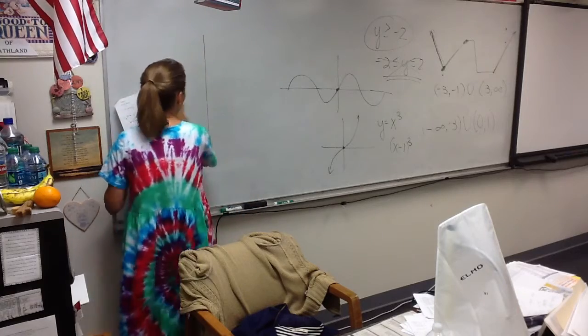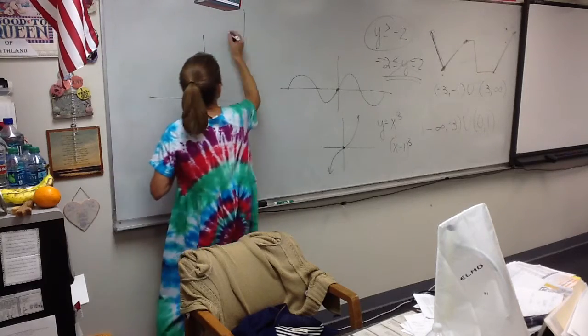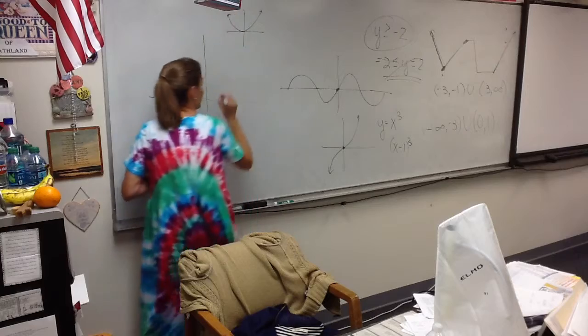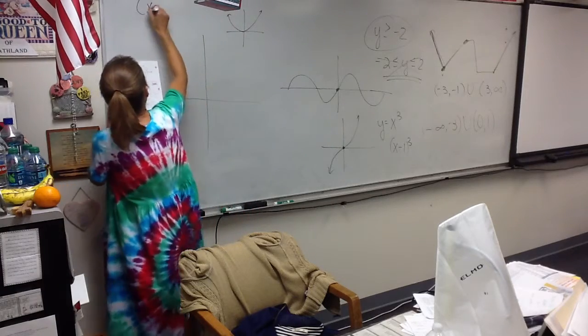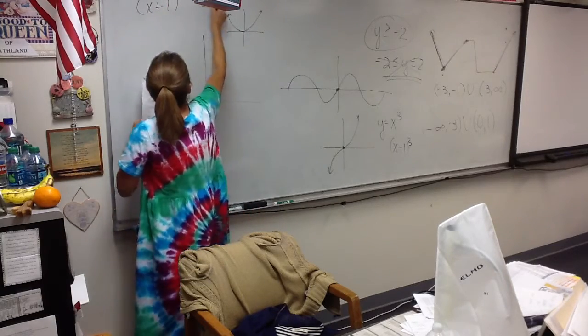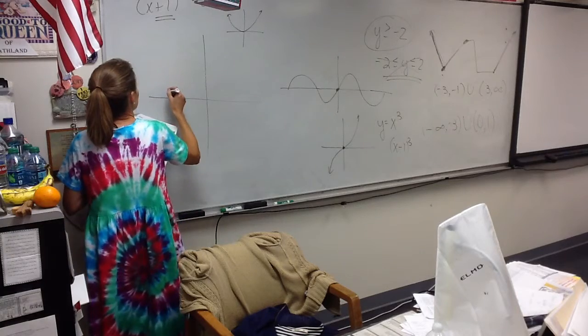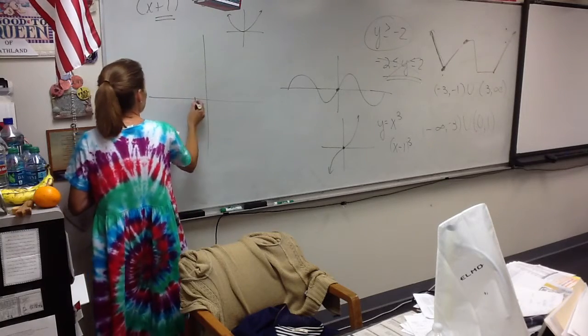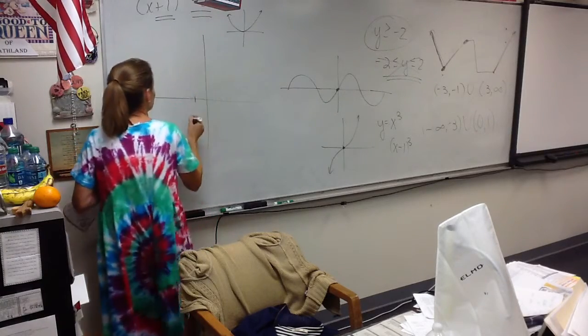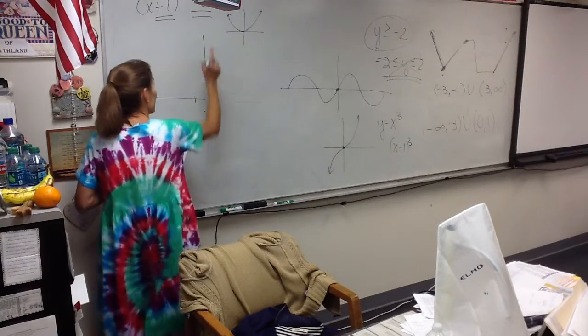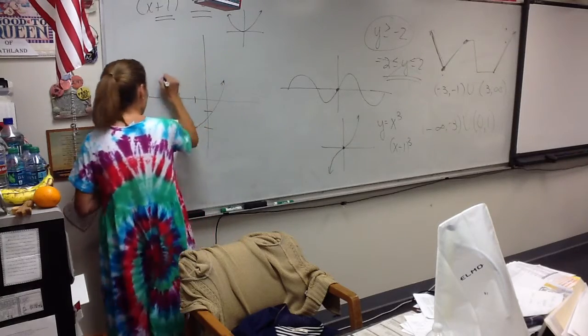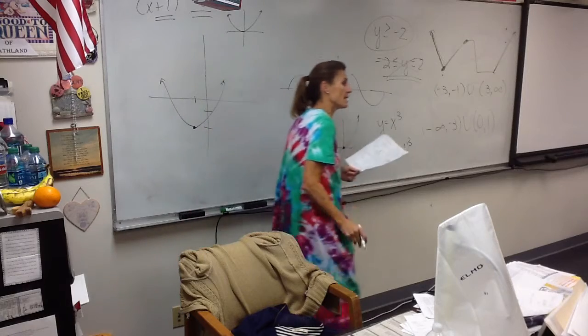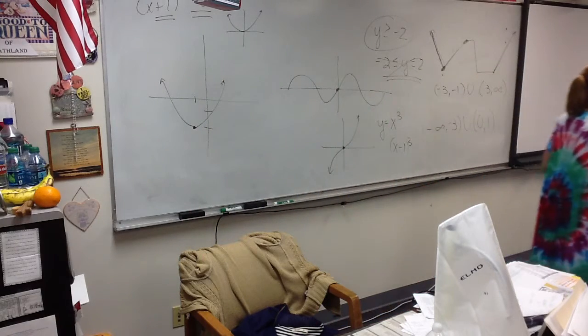It's been moved off the origin. A normal squaring function looks like this. But we have this. So what does this do? Left 1. What does that do? Down 2. So I have the exact same picture moved left 1 and down 2.